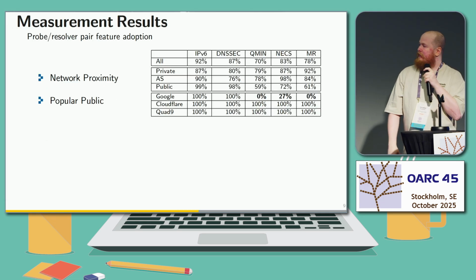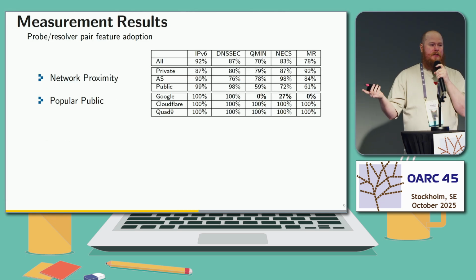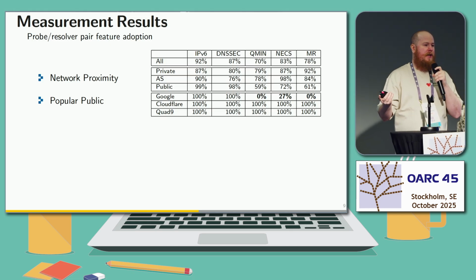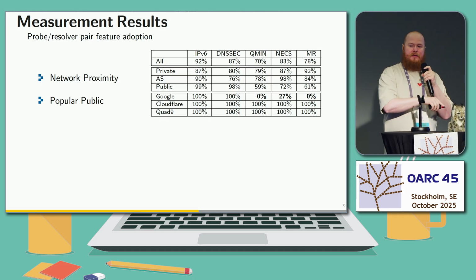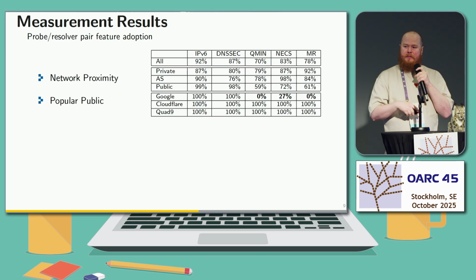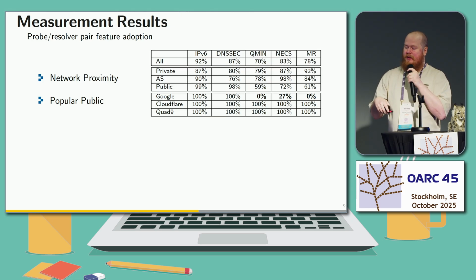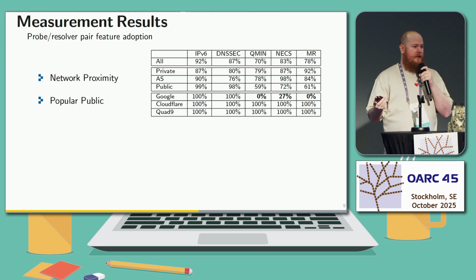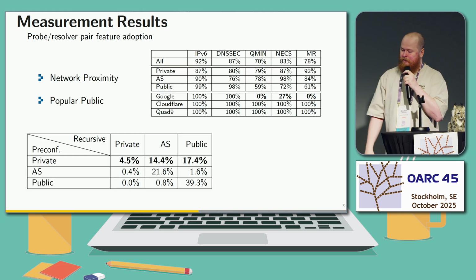All right, moving on. After looking at the public resolvers, we also wanted to look at the private resolvers, since a local resolver close to the probe is very likely to forward queries to yet another resolver. So let's take a look at these different configurations and see how they adopt.